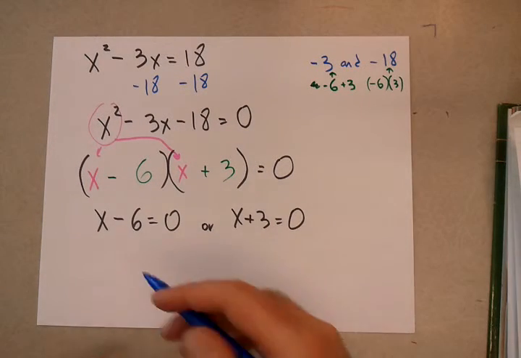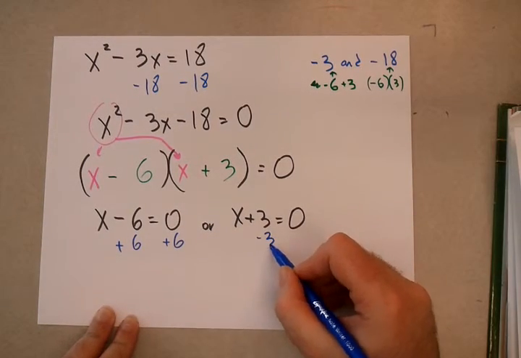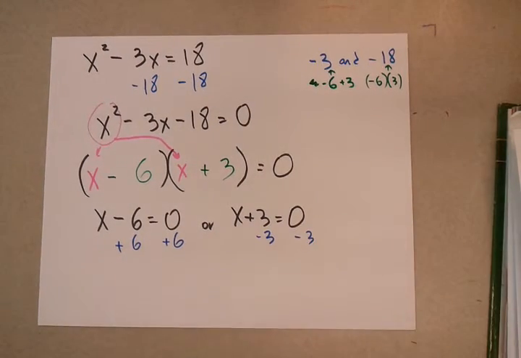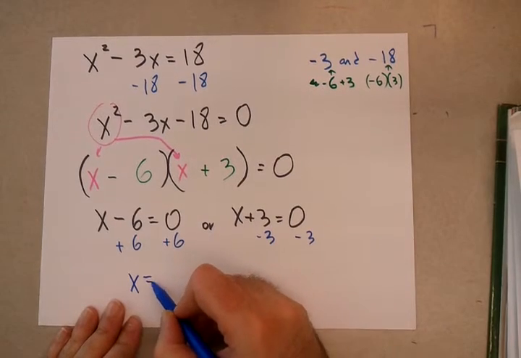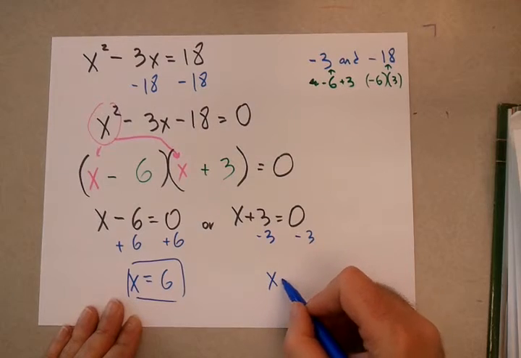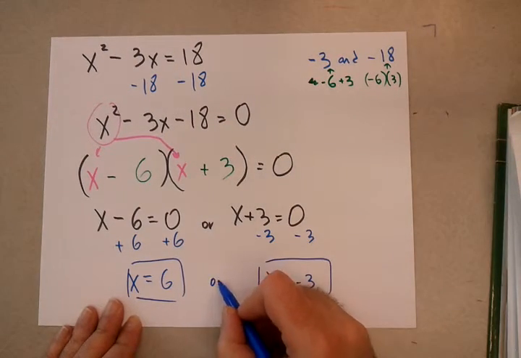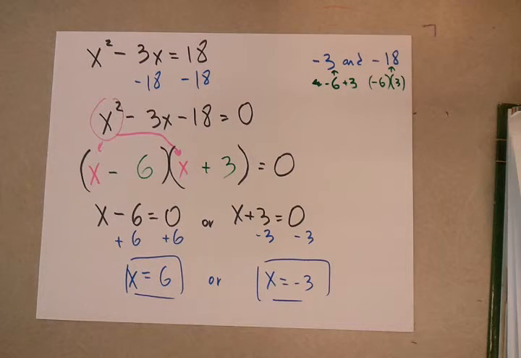So then, in this case, I'm going to add 6 to both sides. In this case, I'm going to subtract 3 from both sides. And I get x is either a +6 and or x is a -3. And this works because let's say I plug in randomly one of these two.